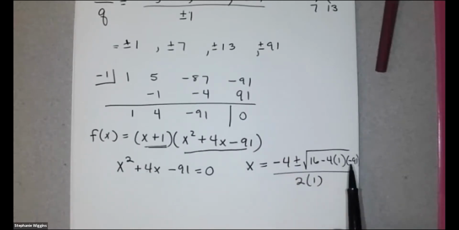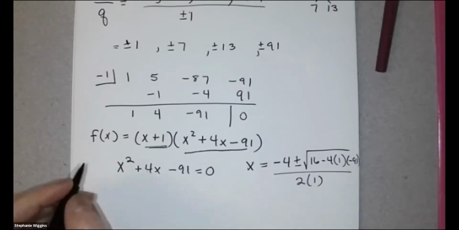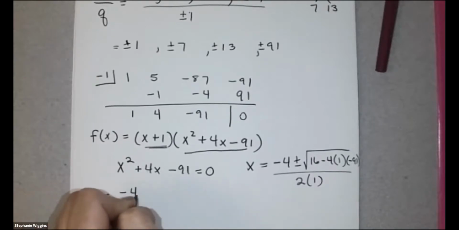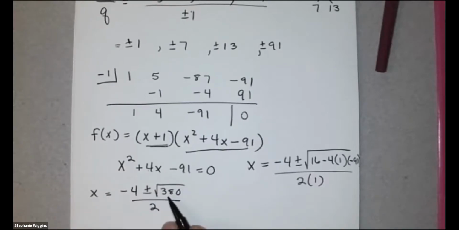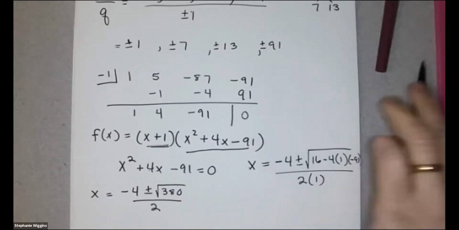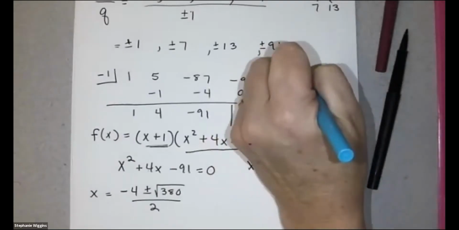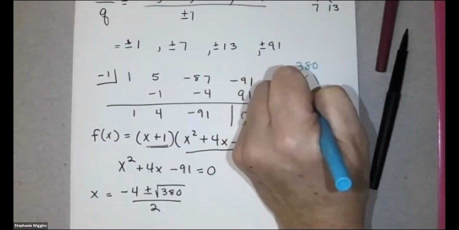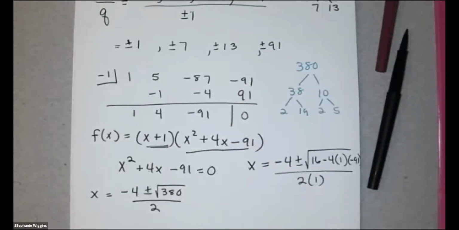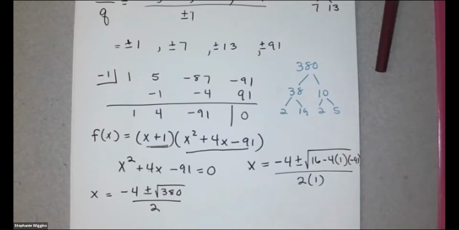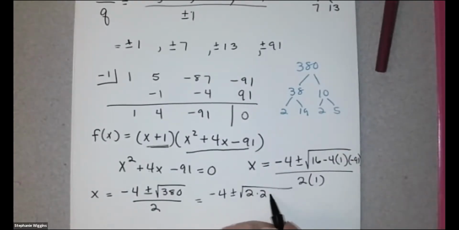And let's see, 4 times 91 is 364, plus 16 is 380. So x equals minus 4 plus or minus the square root of 380 over 2. And if I do the factorization of 380, I get 38 times 10, 2 times 5, 2 times 19. So this becomes minus 4 plus or minus the square root of 2 times 2 times 19 times 5.